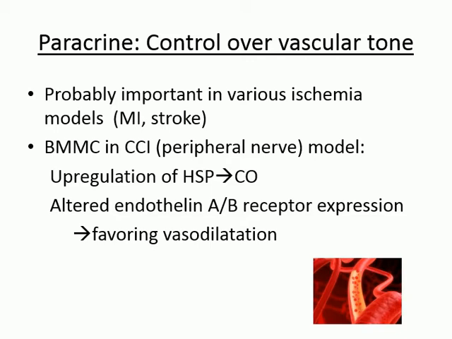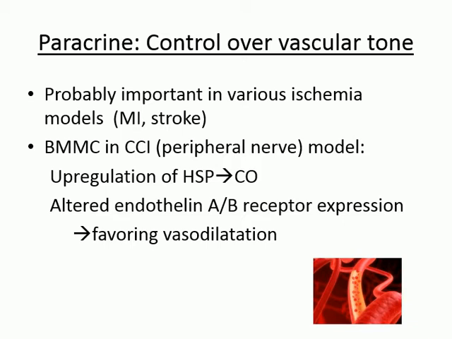And then we're giving bone marrow mononuclear cells, a mixed bag of stem cells, to see what happened with the pain behaviors. And these cells turned out to be very potent in terms of reversing the pain behavior, more potent than drugs that had been tried in the same model and then went on to be used clinically for neuropathic pain.